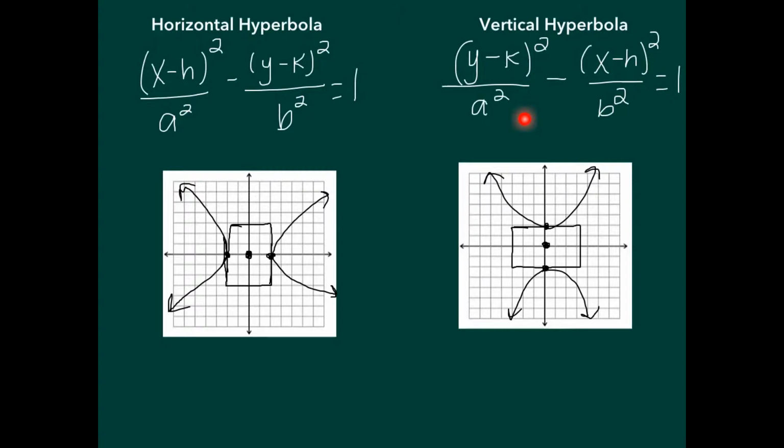Now your a, let me write this here, is your distance from the center to the vertex. And I'll draw it on the graph. So from the center, here's your center, to your vertex, this is a. This is also length a.